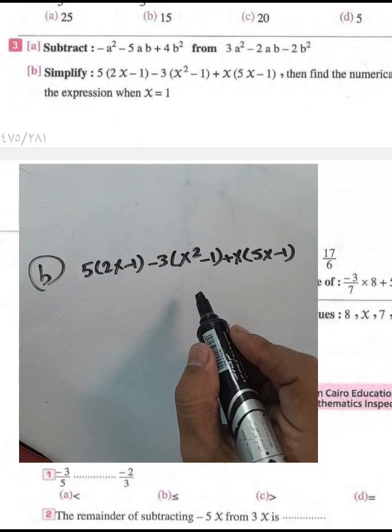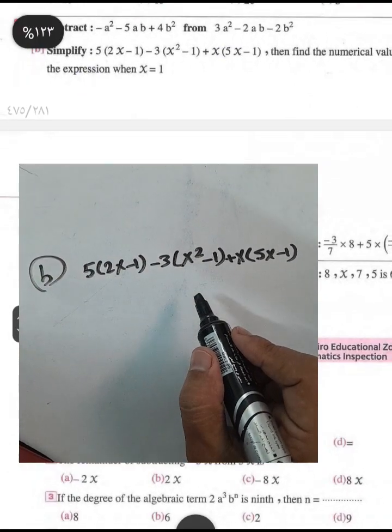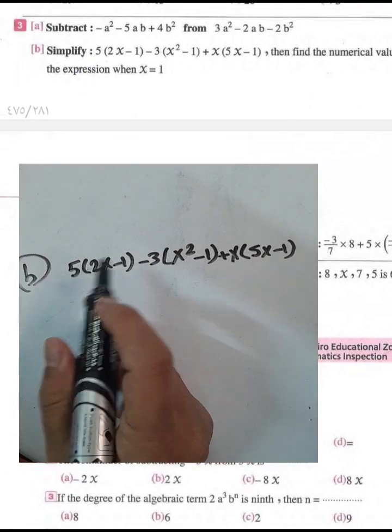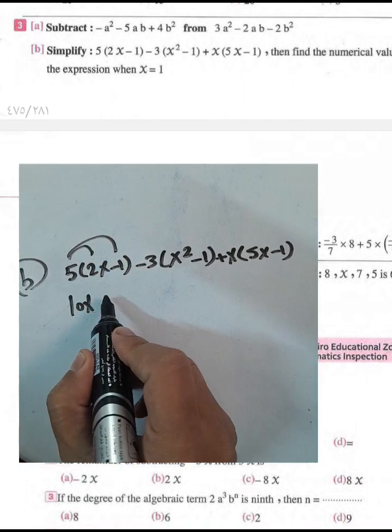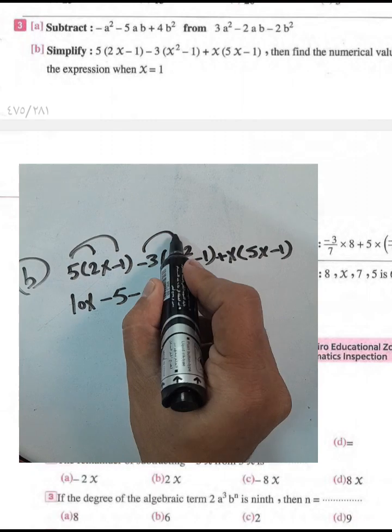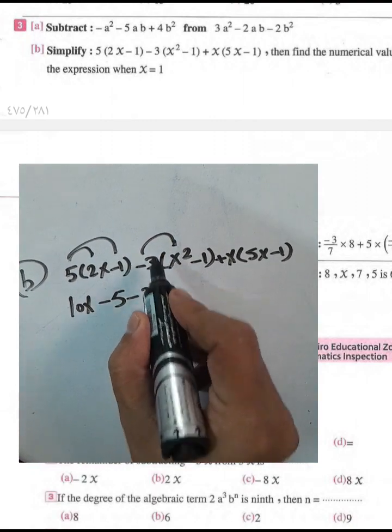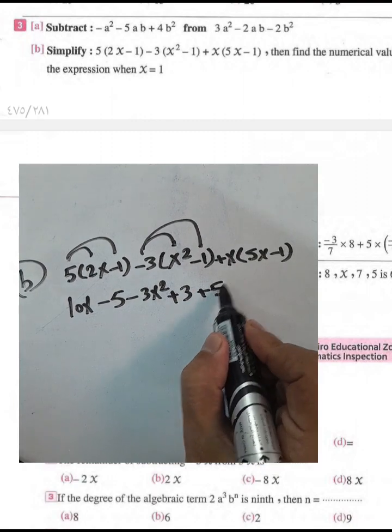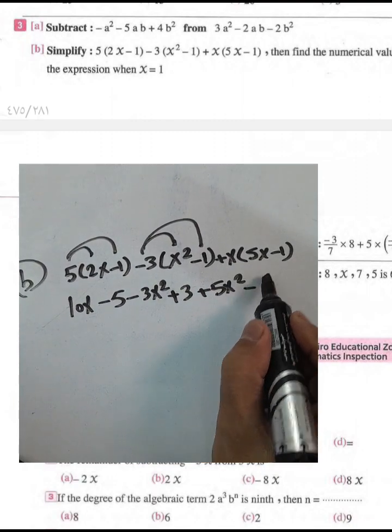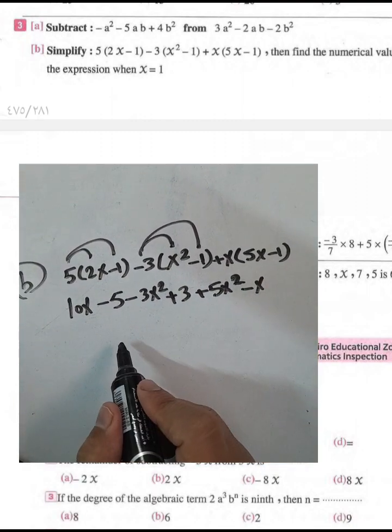Find the numerical value when x equals 1. Okay, first step, we can simplify it by using the distributive property. 5 times 2x will be 10x. 5 times negative 1 will be negative 5. Negative 3 times x power 2 will be negative 3x power 2. Negative 3 times negative 1 will be positive 3. x times 5x will be 5x power 2. Times negative 1 will be negative x.